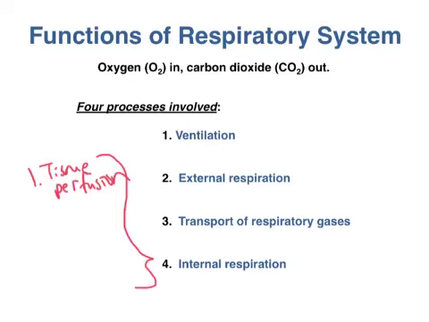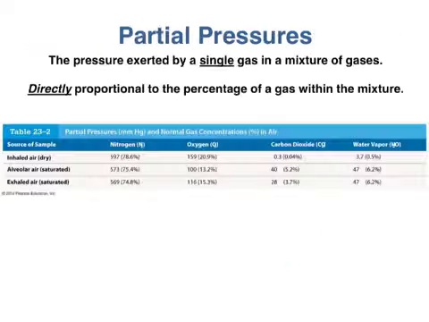The other thing that internal respiration depends on is the partial pressure gradients. So I held off on talking about that when we introduced it for external respiration, so that we can get a bit more into it now. When you're talking about a mixture of gases, like air, which is a combination of nitrogen and oxygen and carbon dioxide and water vapor, since this is a mixture of gases, you can talk about the pressure exerted by a single gas.